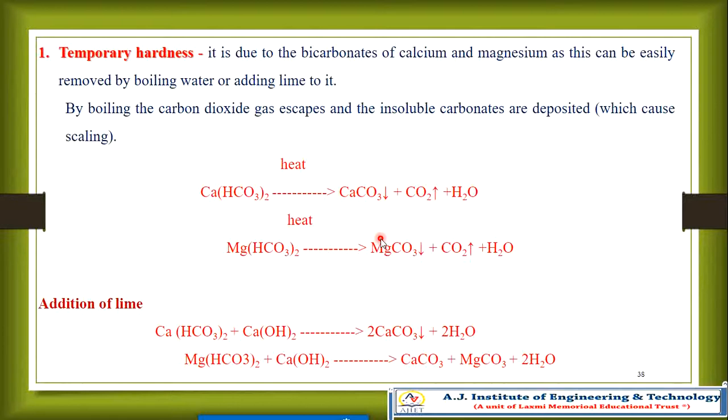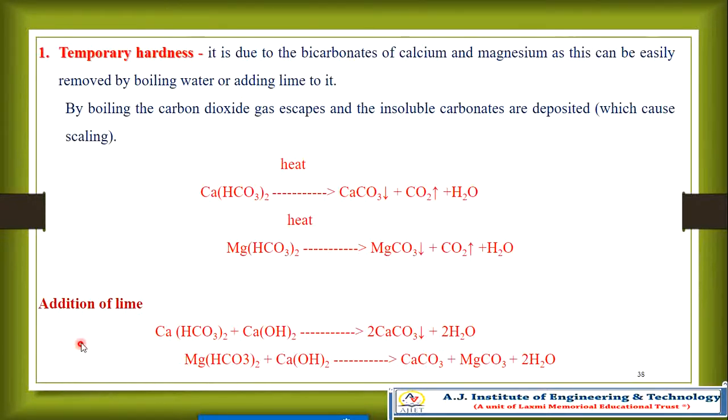On boiling, the carbon dioxide gas escapes and the insoluble carbonates deposit, which causes scaling. Similarly, Mg(HCO3)2 gives MgCO3 deposited, CO2 escaped as gas, and H2O remains when boiling.